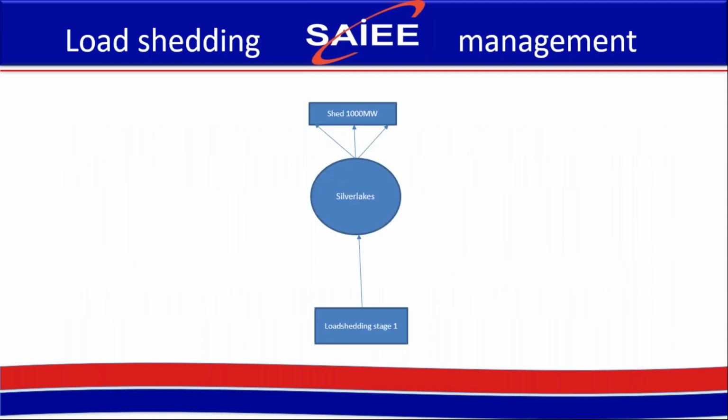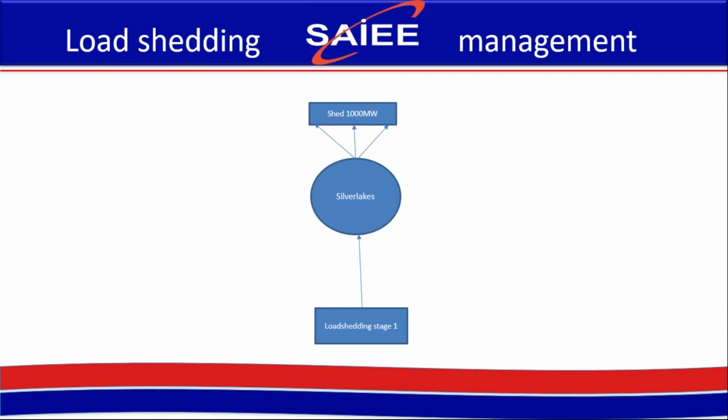So I gave this example. If you stay in Silver Lakes, for example, if I could choose any place, and you are at load shedding stage 1, we need to shed 1,000 megawatts. Right? So this is what happens.